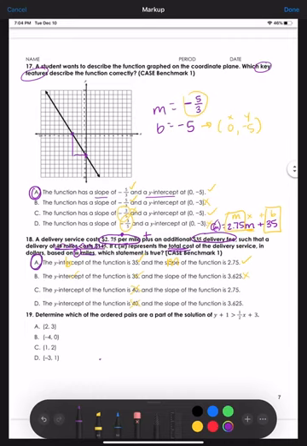All right, 19. Determine which of the ordered pairs are part of the solution set. And now we're looking at inequalities. So to see if that's part of the solution set, what you need to do is plug in these points and see if it is part of the solution set or not. So if this is x and this is y, this is the one where we've got to do a lot of work and just check it and see.